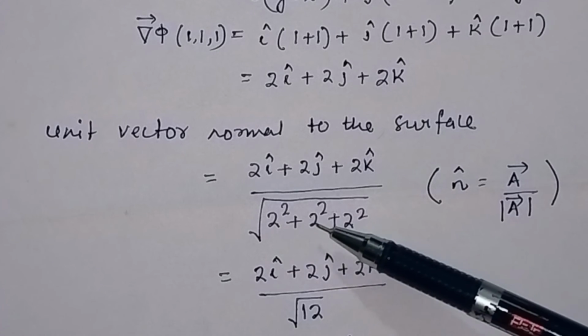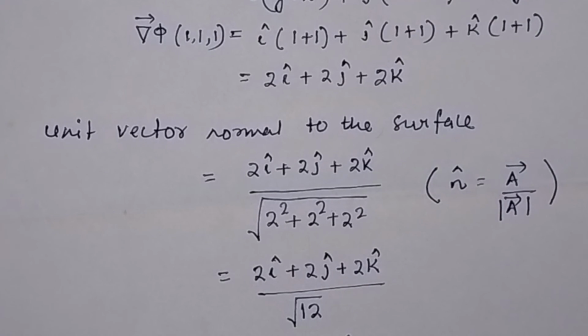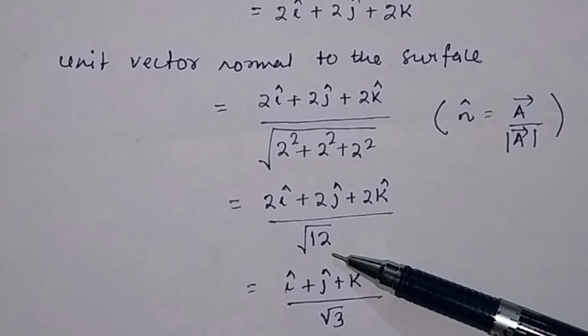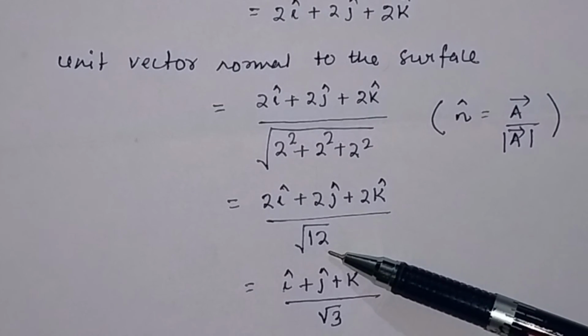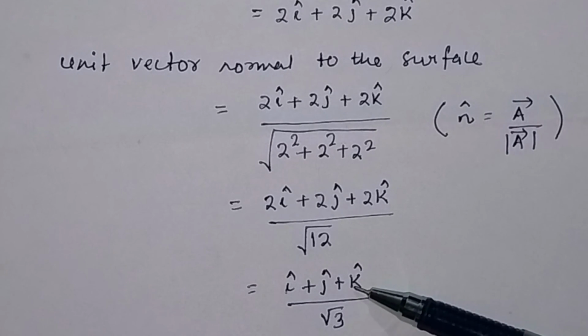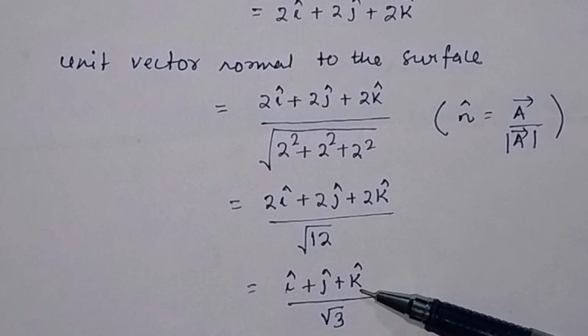So this will be equal to the square root of 4 plus 4 plus 4, that is square root of 12. In the numerator, if you take common 2, and square root of 12 is equal to 2 root 3, so 2 cancels, so (i cap plus j cap plus k cap) divided by root 3. So this will be the unit vector normal to the surface.